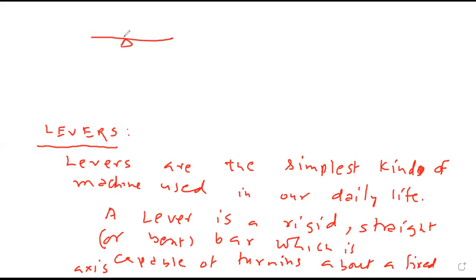So this is that fixed axis where it can turn up and down. And the point where that fixed axis is passing is called the fulcrum. That much you have to remember.